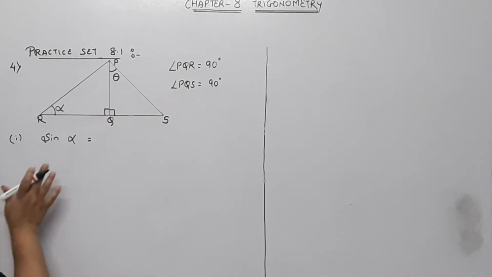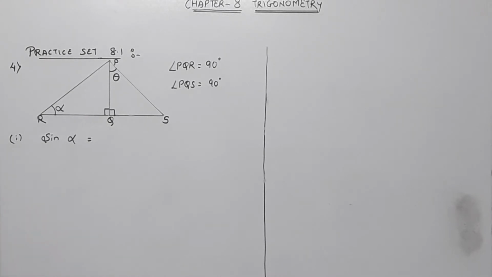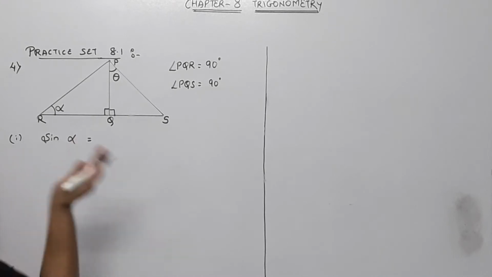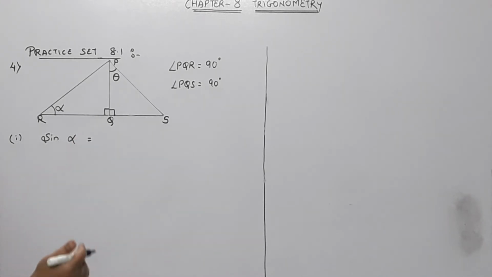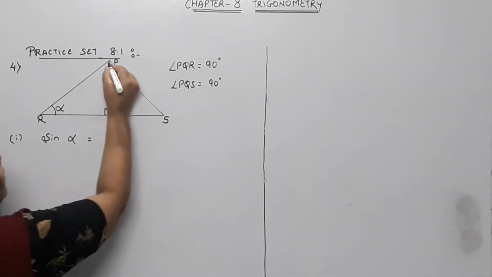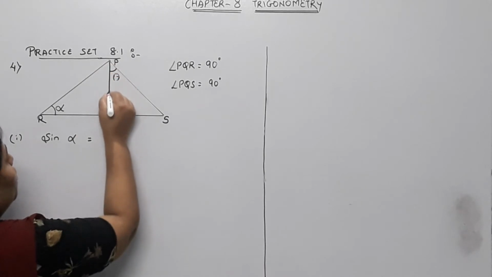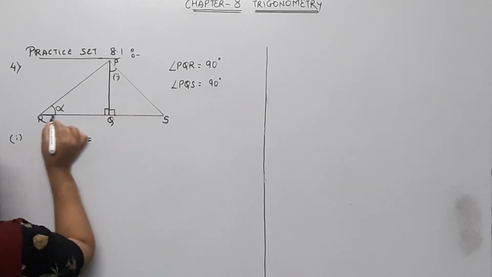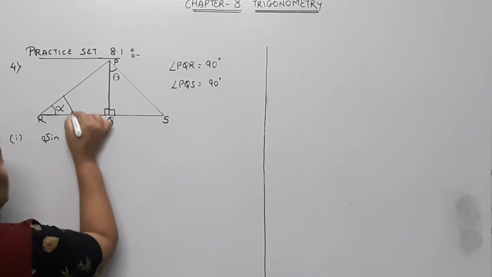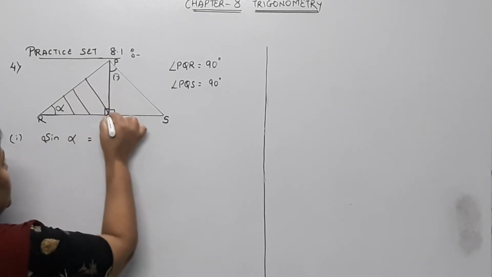We have to first calculate sin, cos and tan alpha, and then in the second part sin, cos and tan theta. So for sin alpha, cos alpha and tan alpha, we will take this triangle PQR. Okay, we will consider this triangle first.